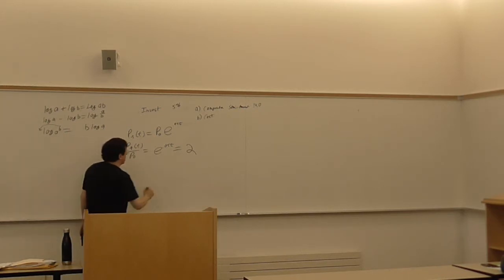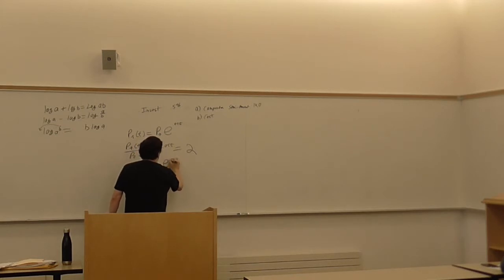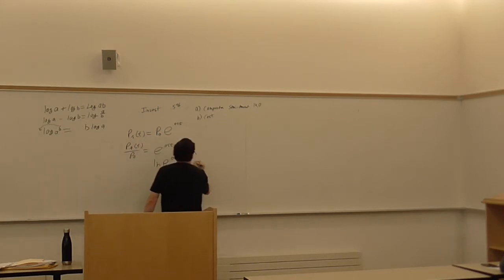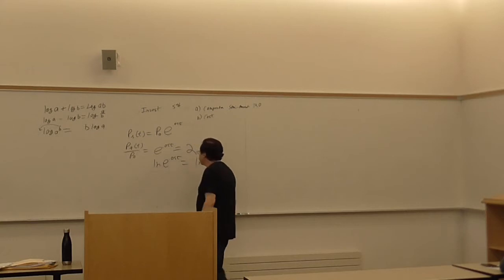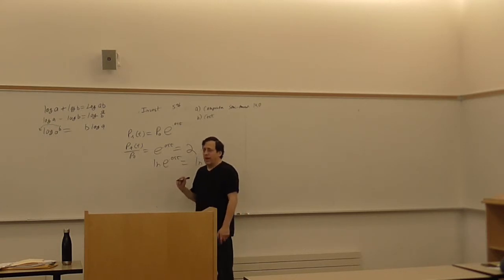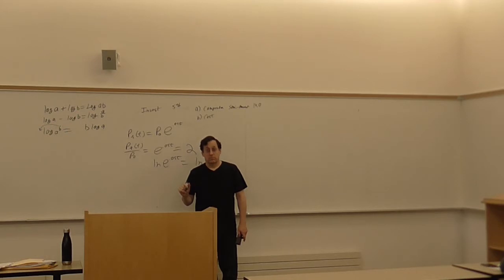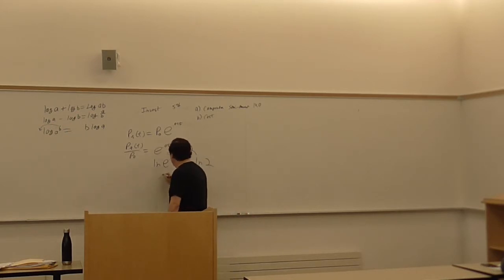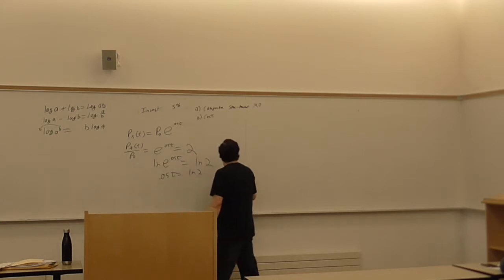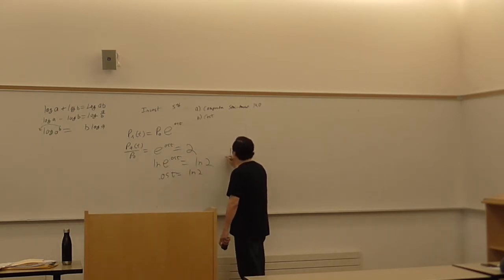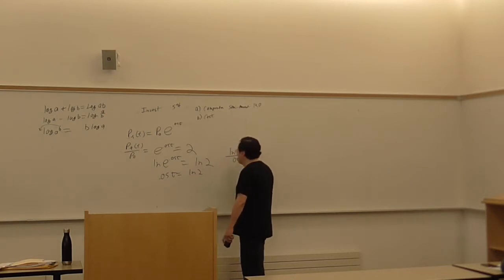Natural log, sure. Natural log of e to the 0.05 t is the natural log of 2. The natural log of e to the 0.05 t, that has to be 0.05 t. So if I take the natural log of 2 divided by 0.05, I will get t.